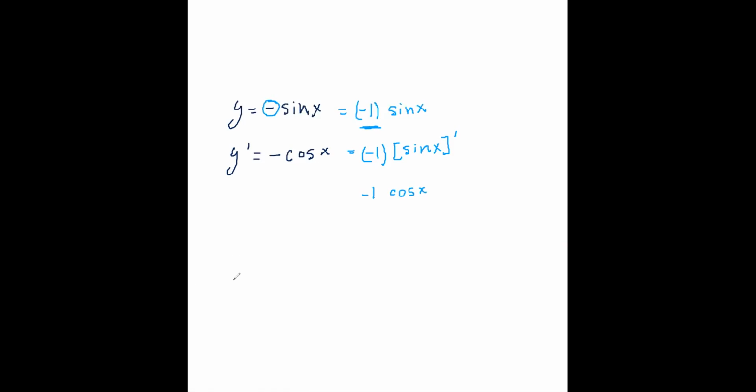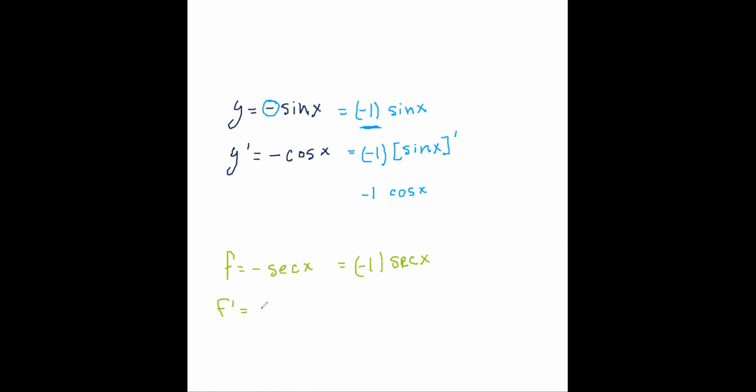So if you're going to take... Yes. So an example was just brought up in the chat. If you have negative secant x, one way that you can think about this is -1 times secant x.